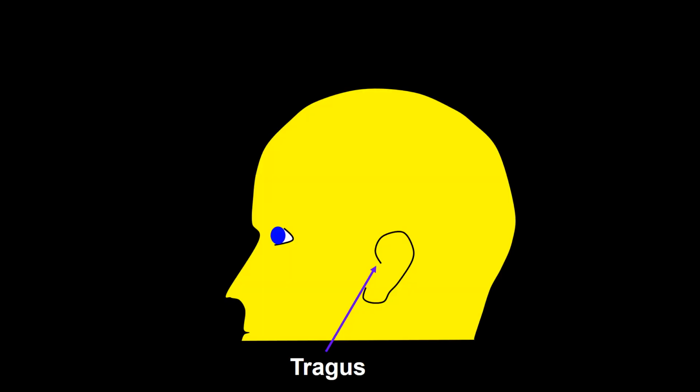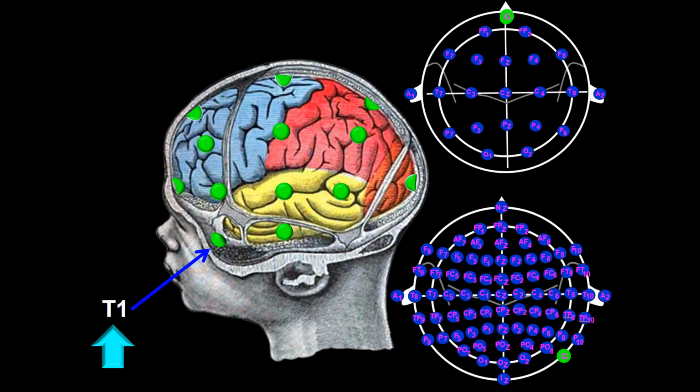In the next frames, I will illustrate the position of the Silverman's electrode. You draw a line connecting the outer canthus of the eye and the tragus. You divide it in thirds. You go where the anterior 1/3 and posterior 2/3 of the line meet, and you put the electrode 1 centimeter above. On the left side, the Silverman's electrode is often labeled T1 or left true anterior temporal electrode.